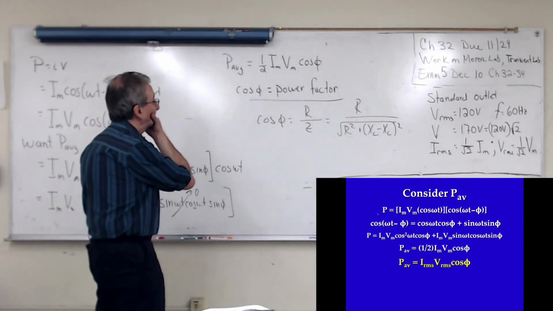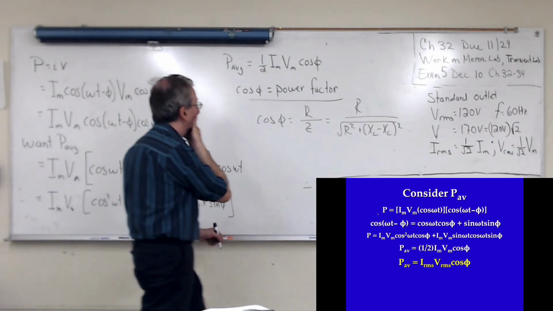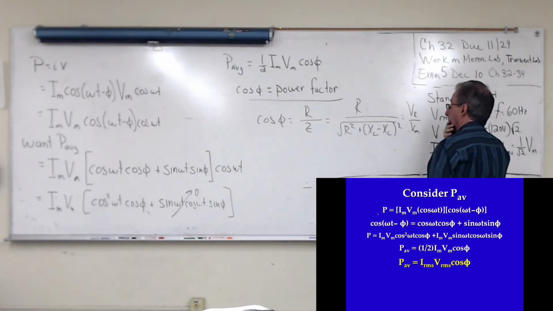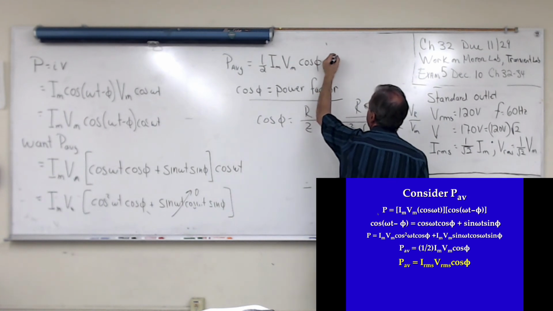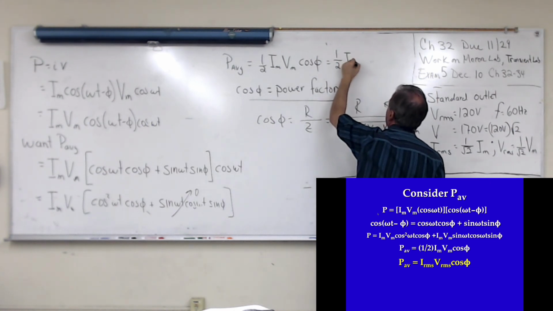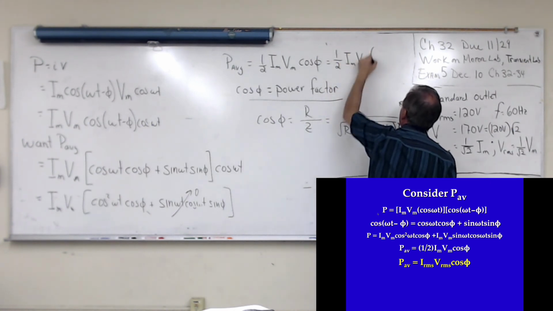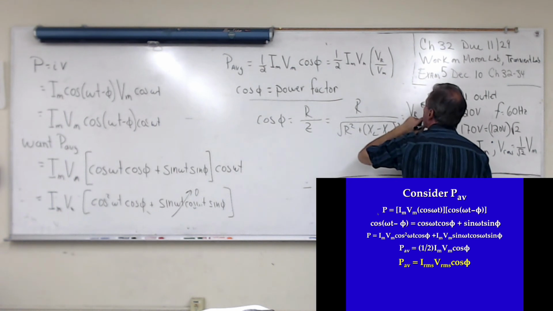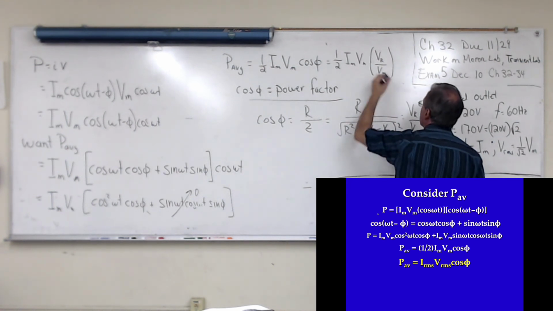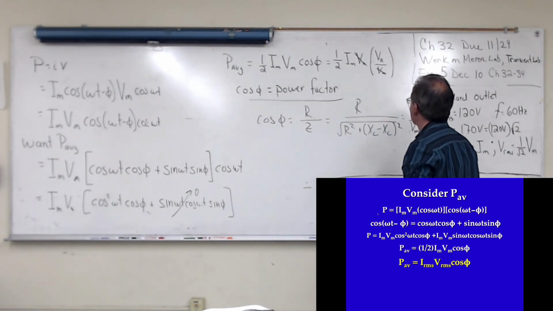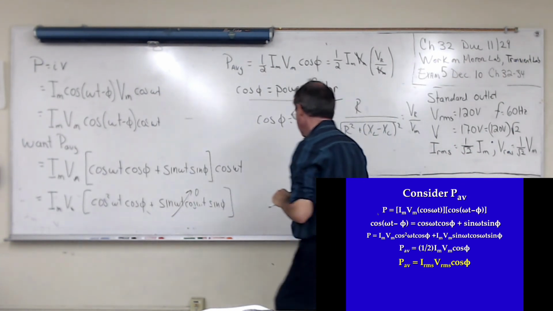So let me see. The power factor can also be written as V sub R over V sub N. So let me do that. These cancel. And so what does that leave me?